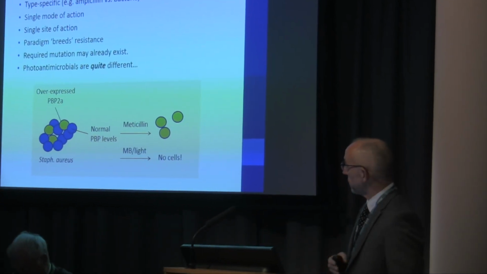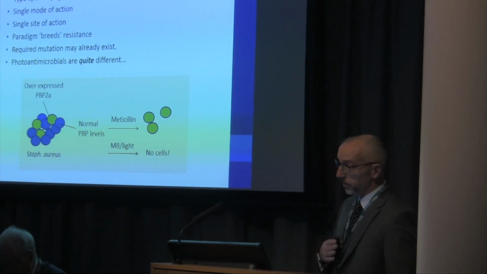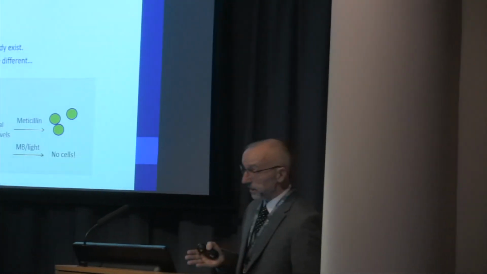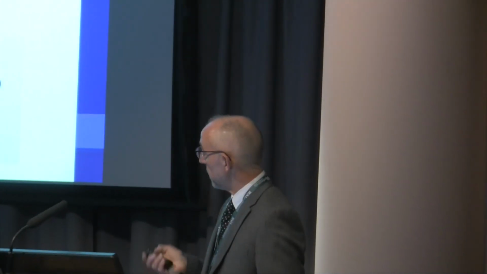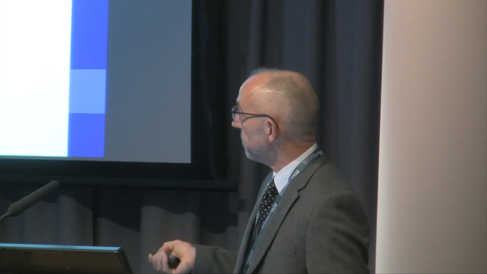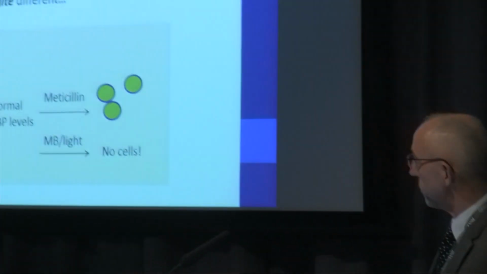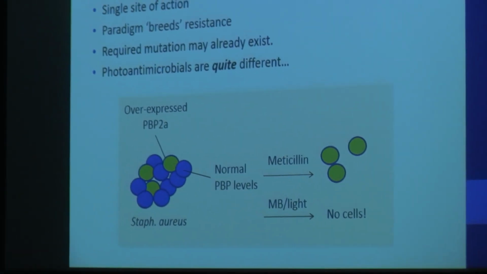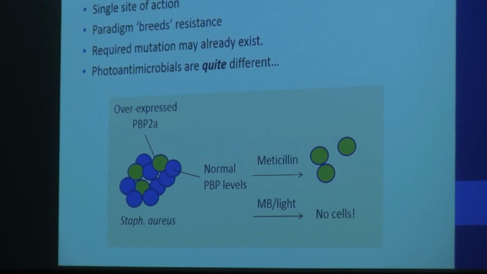So photoantimicrobials, as we saw earlier in Alison's excellent presentation, the mode of action in terms of production of oxygen species is exactly the same, whether you talk about anti-cancer or antimicrobial. If you look at this very simple schematic, we've got a group of bacterial cells. Obviously you have several million, not just a handful, but the ones in the green coloration would have a mutation or an expression of a mutation.